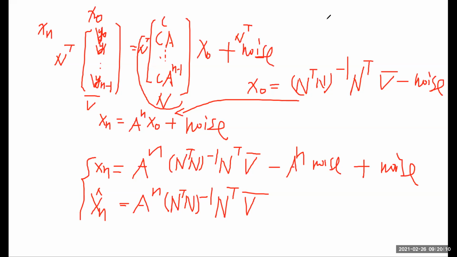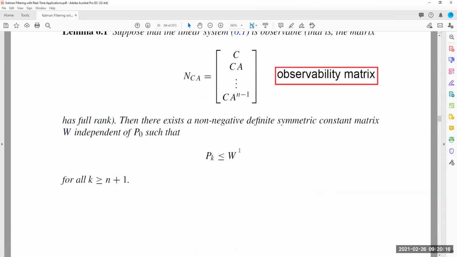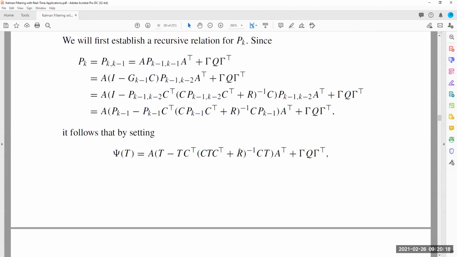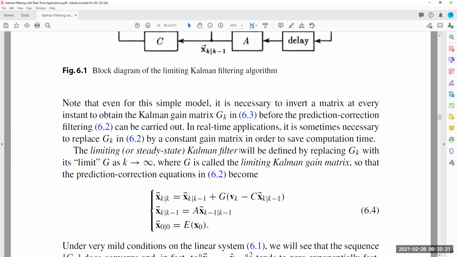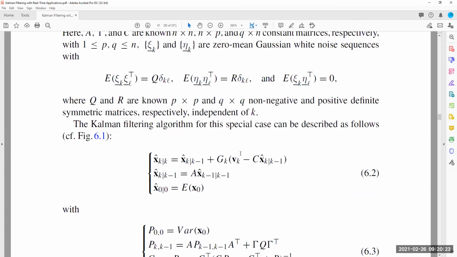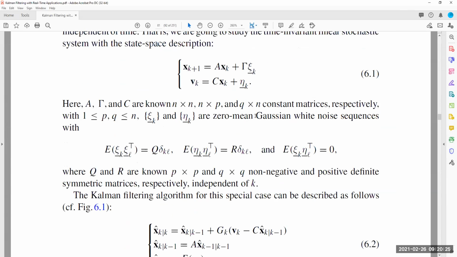Okay, if we go back to the book, you see what the requirement in Kalman filter for the noise. If you use the one I just showed you, all the assumption can be removed. We do not assume it is Gaussian, not even that it's white. It could be colored noise. We only require zero mean. We do not know anything about this covariance matrix.